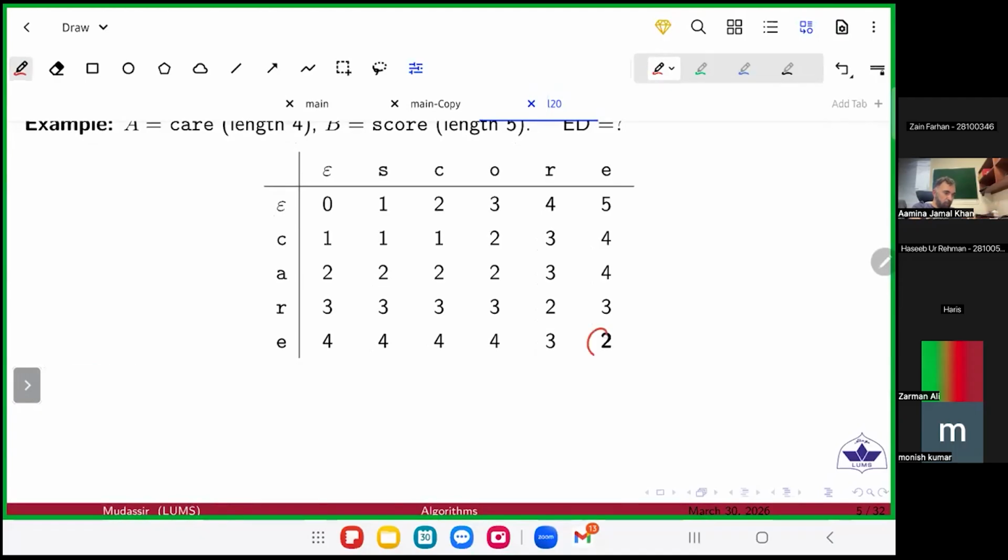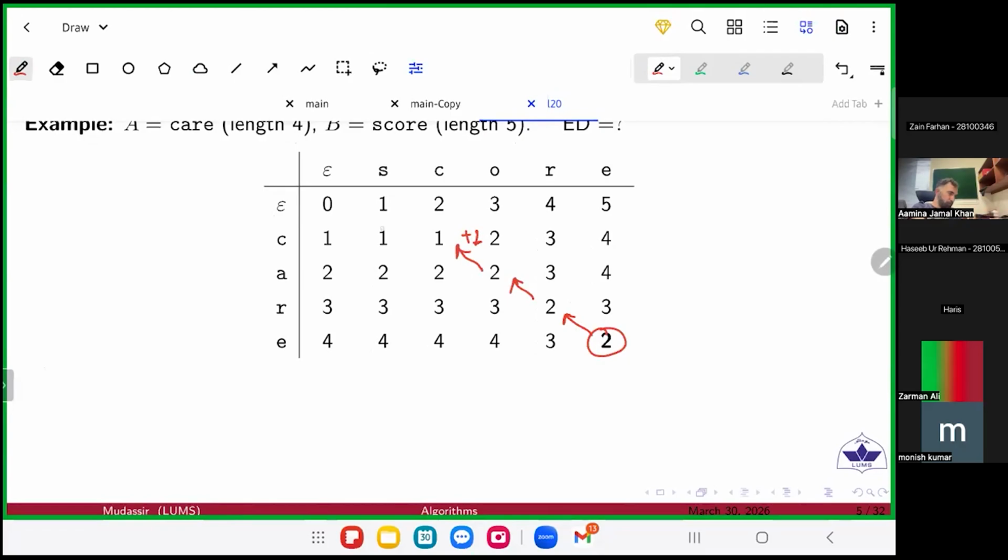So you have 2 here, which means that it must have come from this 2. And you have a 2 here, which means that it must be this 2. You have a 2 here. This must be this plus 1, right? This is the only way this could be reached. अब यहाँ पे 1 है.